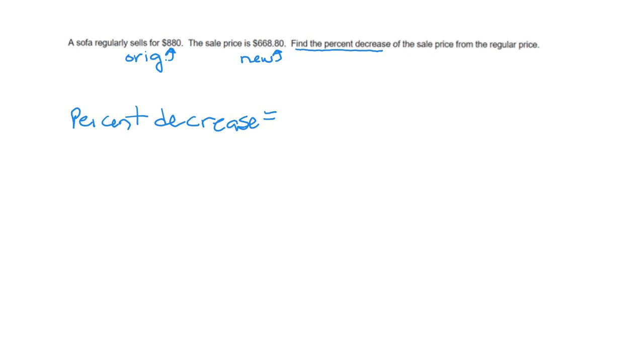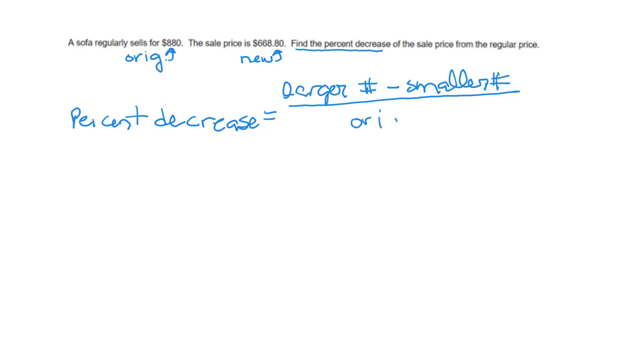So the percent decrease is found by taking the larger number minus the smaller number divided by the original number. And just remember that this is a percent.